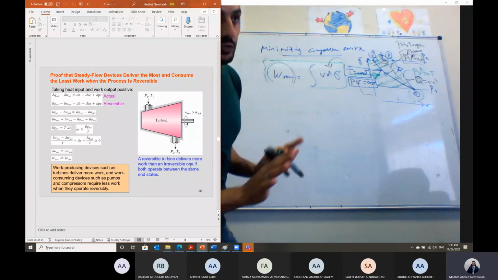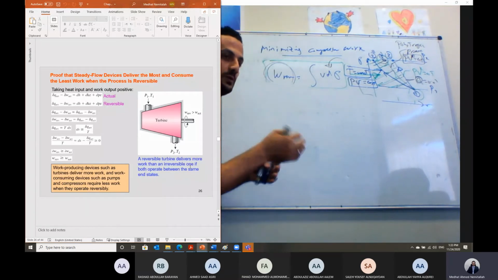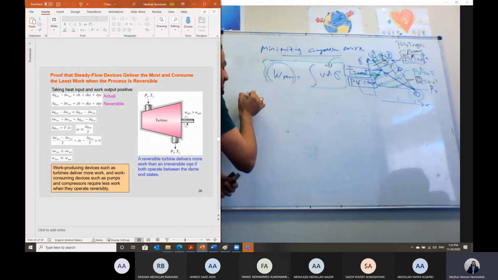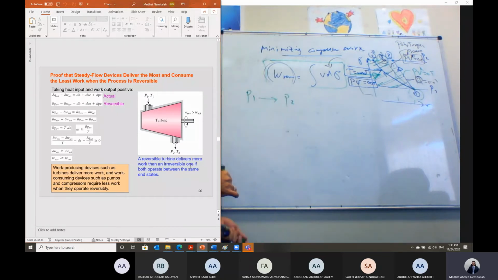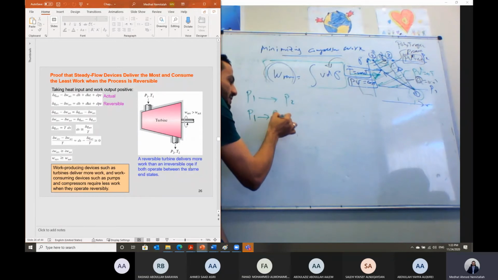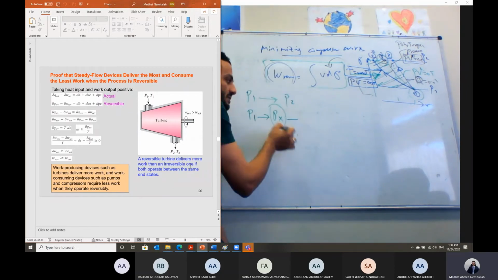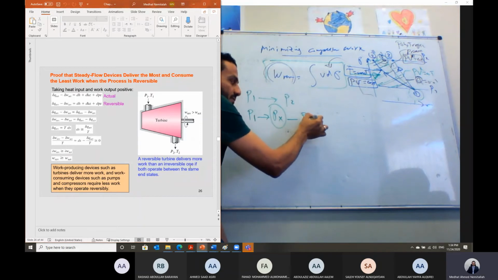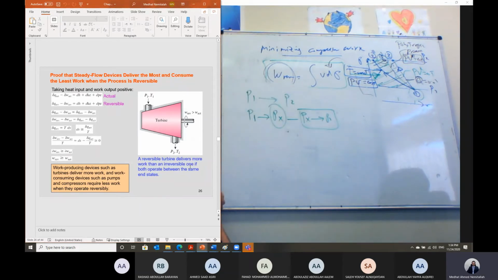We can divide the compressor. Instead of using one compressor, we can use more than one. So instead of compressing directly from P1 to the final pressure P2, we can compress in one compressor from P1 to an intermediate pressure, let's say Px, and then use another compressor to compress from Px to P2.